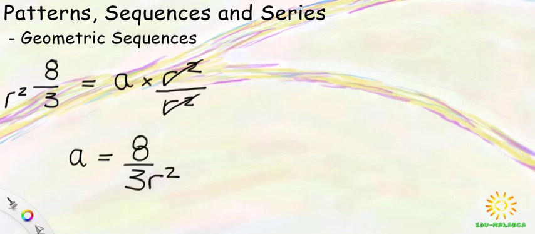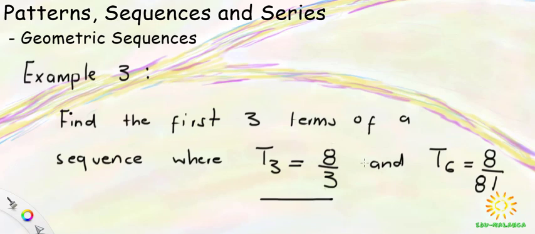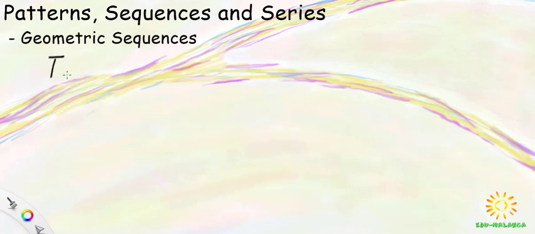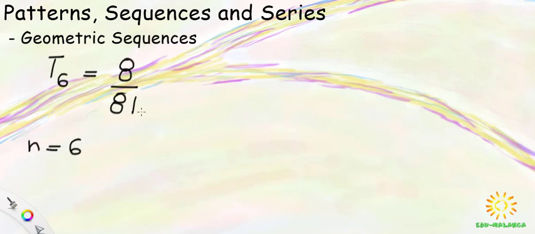Let's come back again to the question. We've simplified for term number 3 and we've substituted it into the general term. Let's substitute term number 6 now into our general term. We're going to have T6, again we know what term number 6 is, it's 8 over 81, and we also know that n is equal to 6, so we're going to have 8 over 81 is equal to A times R to the power of 6 minus 1.